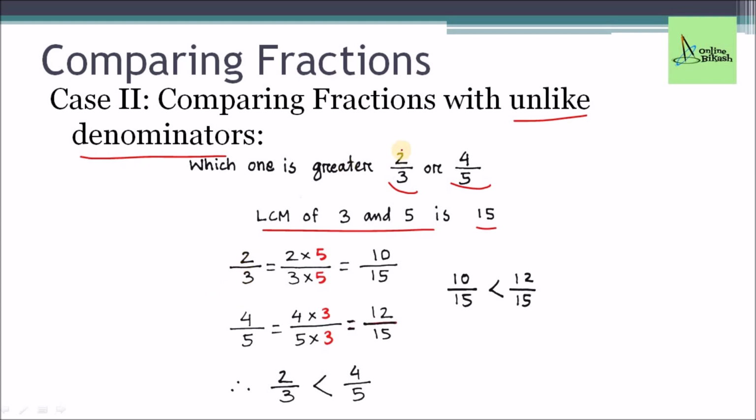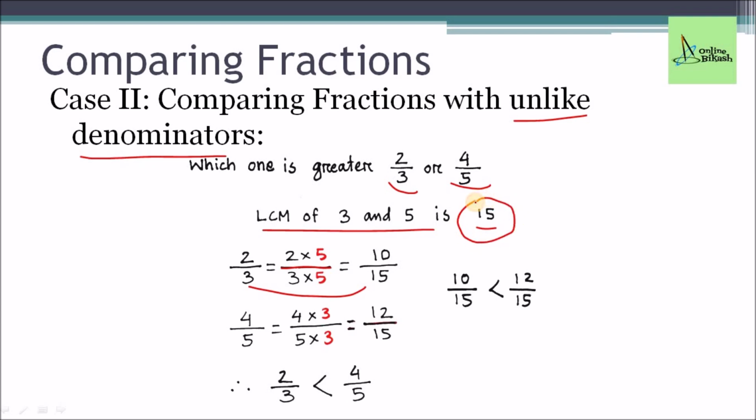Okay, the first fraction 2 by 3 we have written, and 4 by 5 we are writing here. Then we will draw this bar. Now 2 by 3 we will write like this, and we will put a multiplication sign. Then we will find, can we change this 3 to its LCM? The LCM was what? 15.